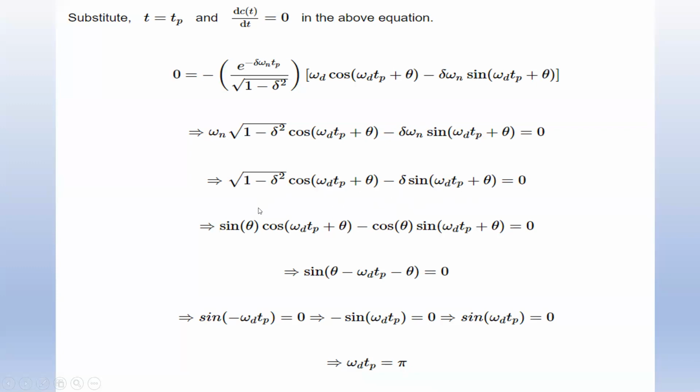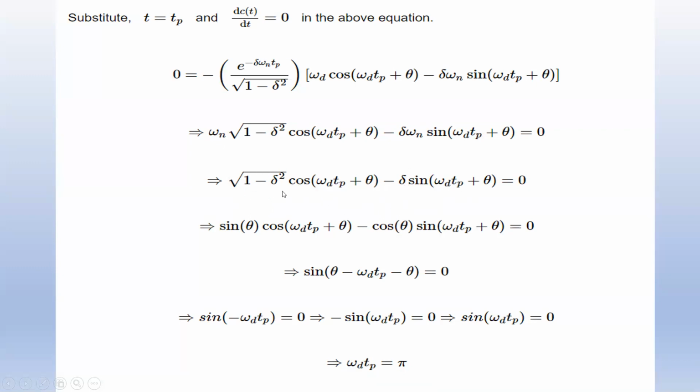In the last class, we discussed tan theta. Based on tan theta, we can write root of 1 minus delta square as sin of theta, and delta as cos of theta.